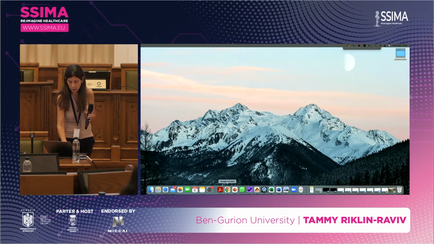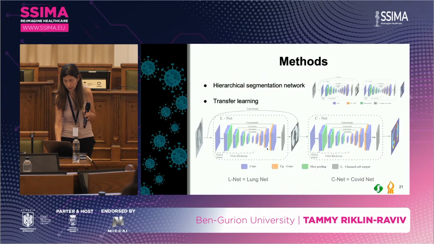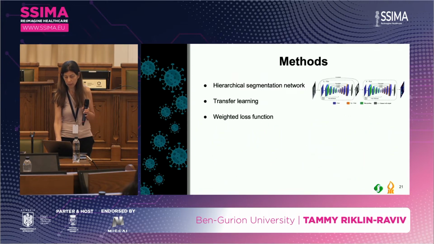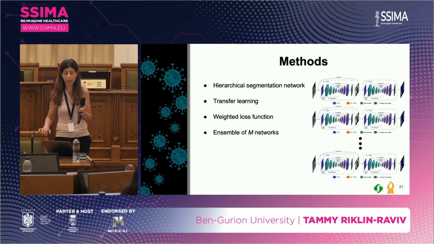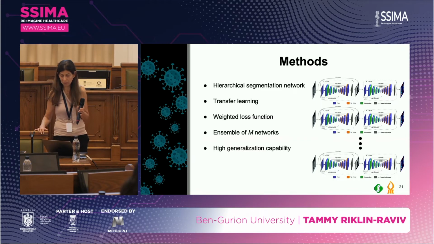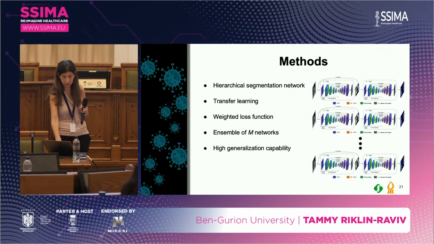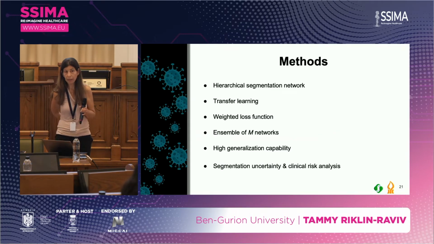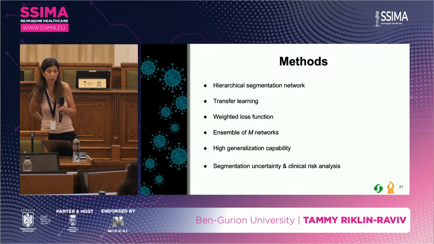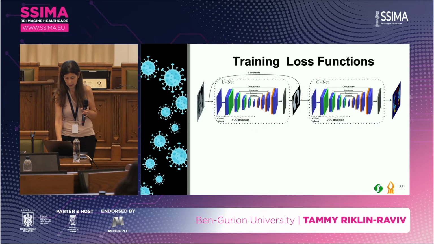We use VGG16 for transfer learning. We use a weighted loss function, again accommodating imbalance, and an ensemble of M networks that helps us provide better results. It also helps our generalization capability. Another aspect of the work is segmentation uncertainty and clinical risk analysis.